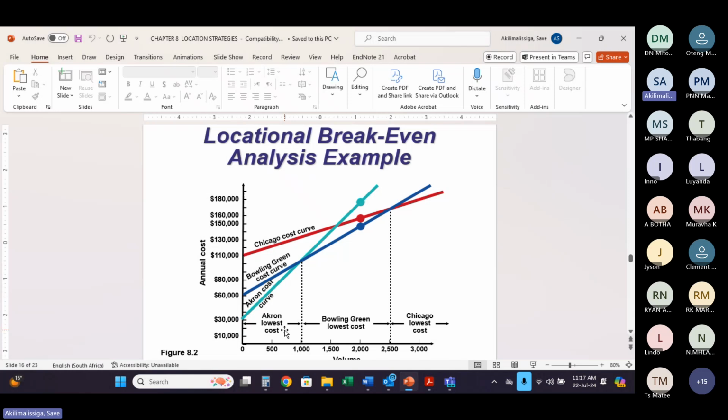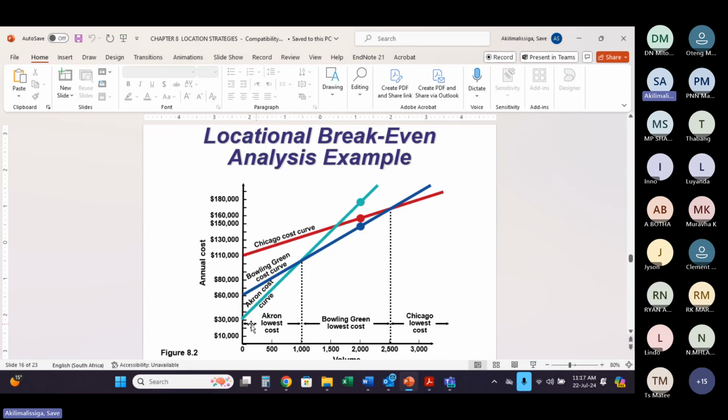So you just draw a line going up. The first cost line coming from below going up that it is going to meet is Akron. Even if you take, let's say, 5 or 50, going up here, the first line that line coming from 50 is going to meet is Akron.